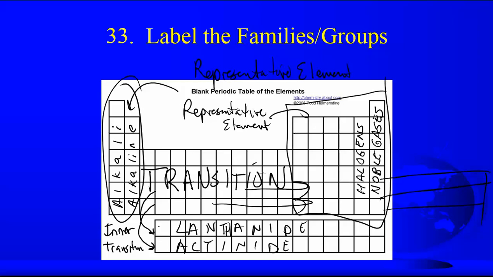And do not forget the zigzag line, Nicole, which is over here. And on either side, you have the metalloids. All right, we've taken a tour of the periodic table, so now we should know at least where all the different parts of it are. Maybe not understand why they are where they are. That's next.